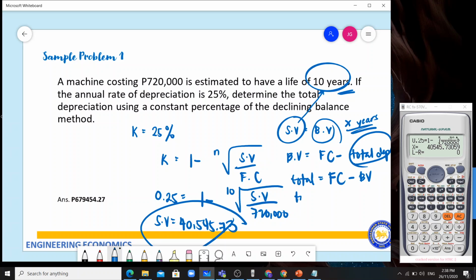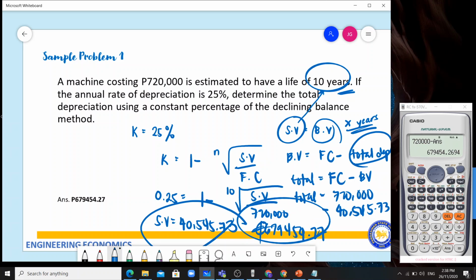So, total depreciation is equivalent to 720,000 minus the salvage value of 40,545.73. So, 720,000 minus the answer is equivalent to 679,454.27. Okay. So, this is the final answer.